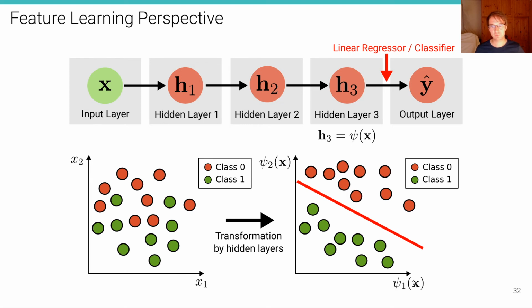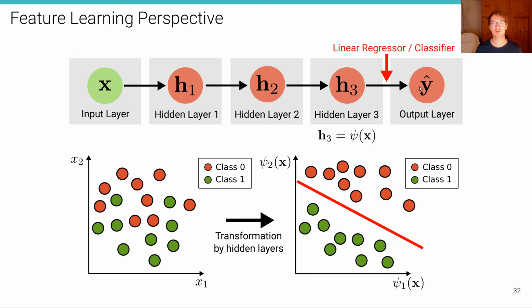And if I draw this psi of x, in this case it's also a two-dimensional example, so we're transforming from 2D to 2D, then the goal of representation learning is to learn a useful representation at the last hidden layer, such that this output layer, which is effectively just a logistic regressor in the classification case, right? It's exactly, each of these individual neurons here is just a logistic regressor.